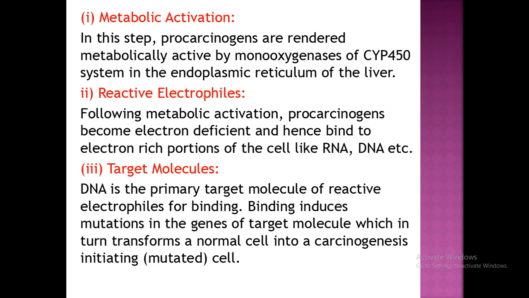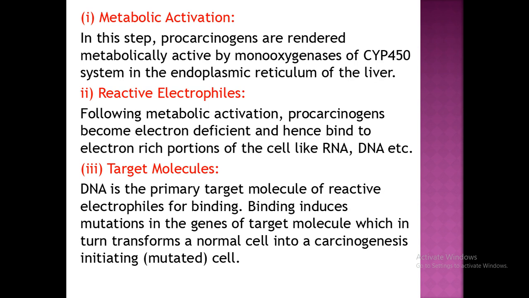Metabolic activation. In this step, procarcinogens are rendered metabolically active by monooxygenases of the CYP450 enzyme system in the endoplasmic reticulum of the liver. The second step is reactive electrophiles. Following metabolic activation, procarcinogens become electron deficient and hence bind to electron rich portions of the cell like RNA and DNA.